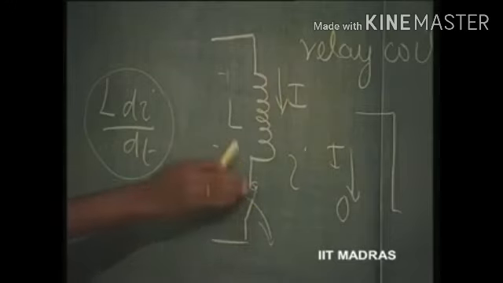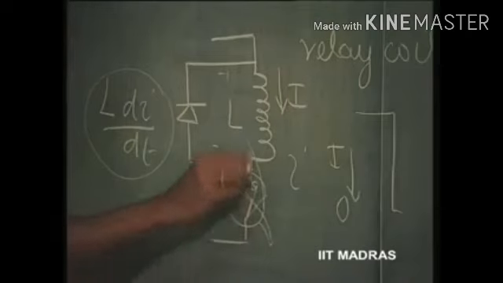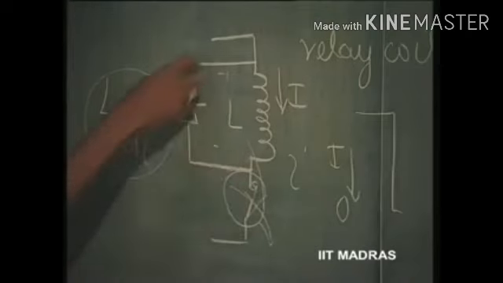In such a situation, it is advisable to put a protective diode across the inductor, so that when this switch is opened, this current continues to flow in this circuit. Earlier, the current is injected through the switch, and the current through the diode is 0 because the diode is reverse biased.